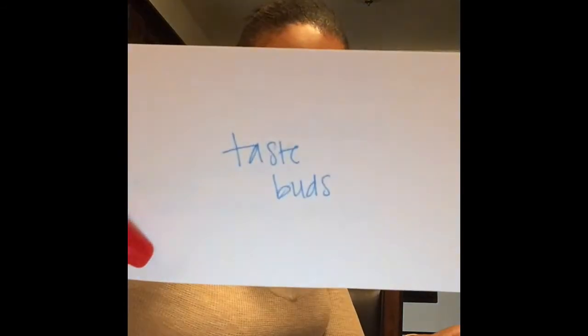What are those terms? Papillae. That's papillae. Fungiform and circumvallate papillae contain what? We just talked about this. Taste buds.